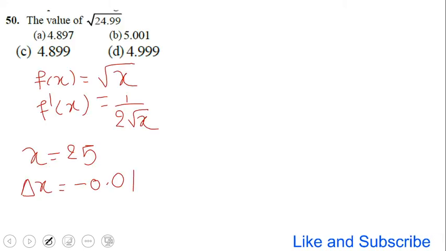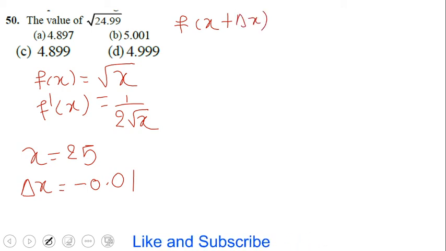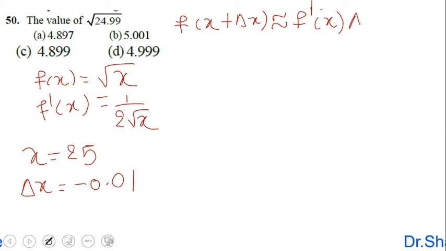Then I use the formula, f of x plus delta x is approximately equal to f dash of x into delta x plus f of x.